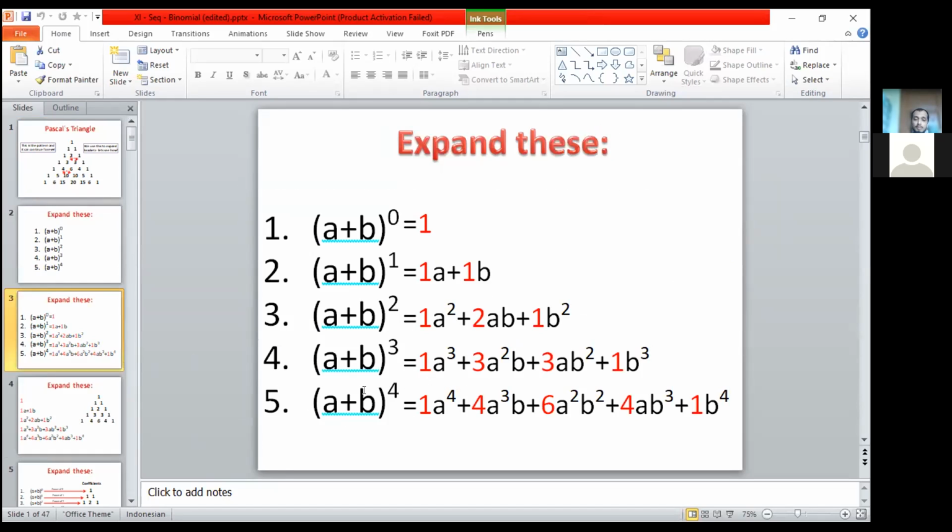For the power, we'll have a to the power of 4, then a to the power of 3, 2, 1, and we don't have a in the last term. And for b, from the last term we have b to the power of 4, 3, 2, 1, and nothing in the first term. So that's the pattern for the coefficient and the power.